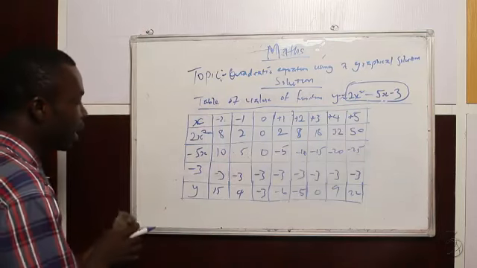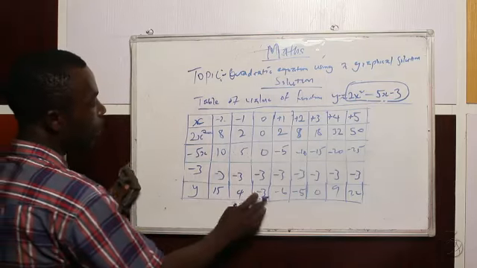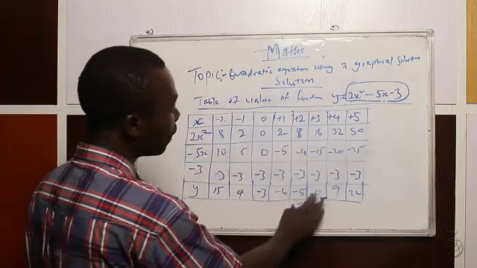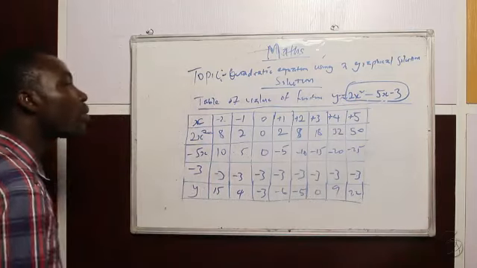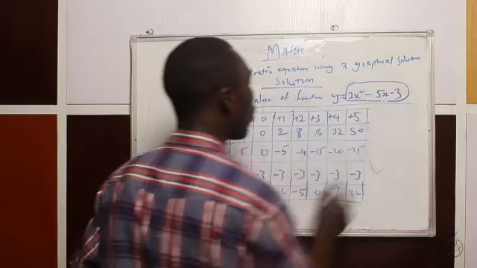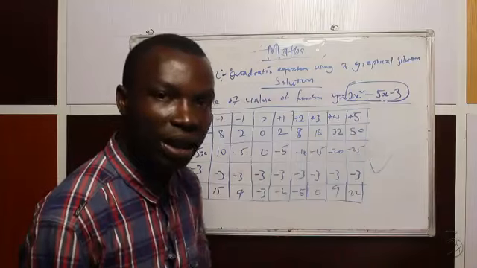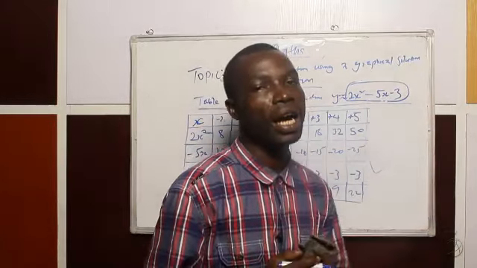So our values of y are 15, 4, minus 3, minus 6, minus 5, 0, 9, 22.